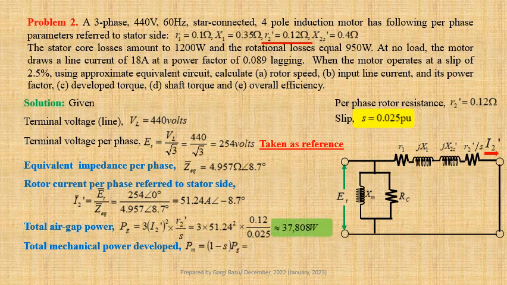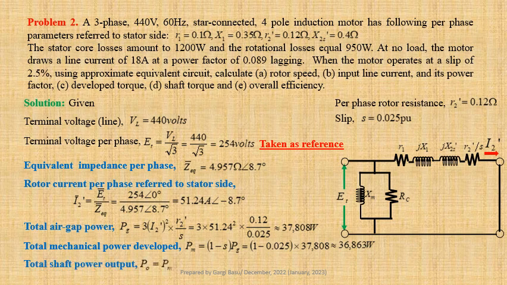Using values we get (1 minus 0.025) into 37,808, which is approximately equal to 36,863 watts. Let us now calculate total shaft power output.